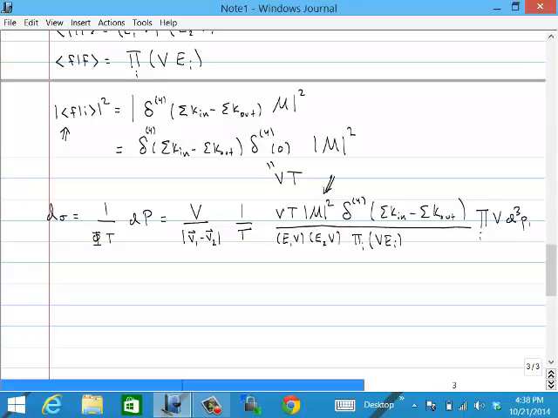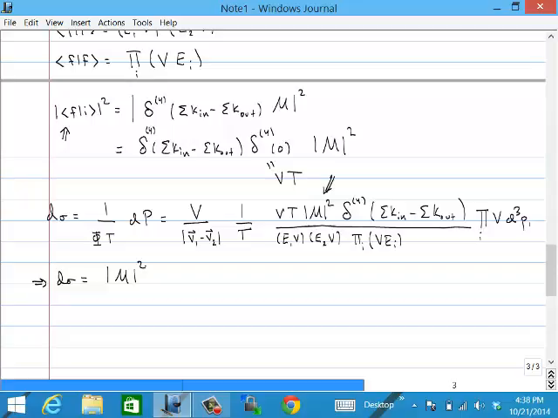Okay. And miraculously enough, this doesn't happen every time I do the calculation, but all of my V's and T's cancel. So you can take V and T off to infinity and get a scattering cross-section that remains finite.